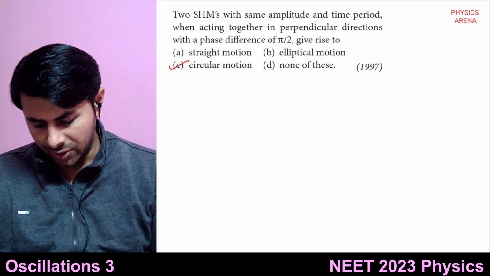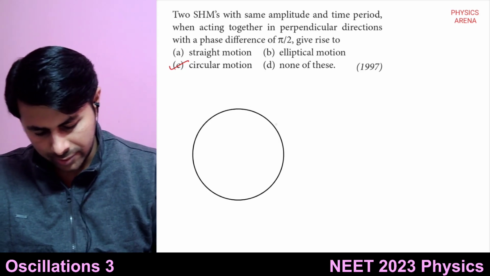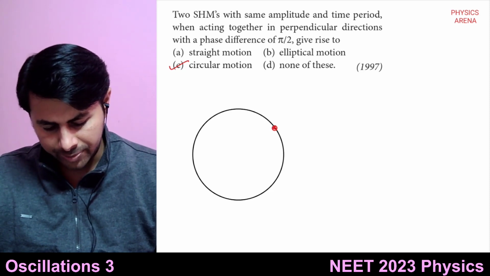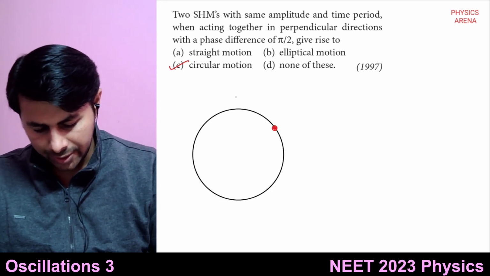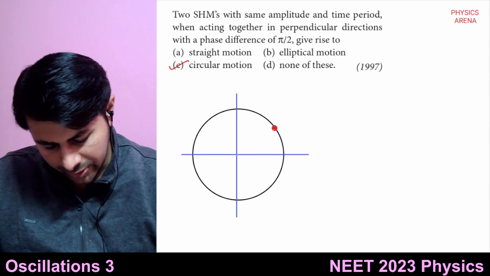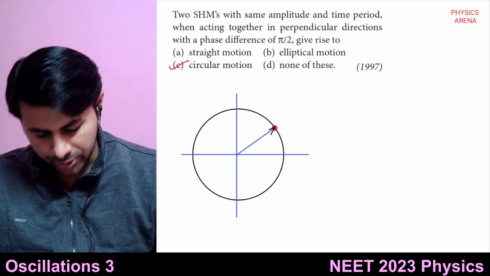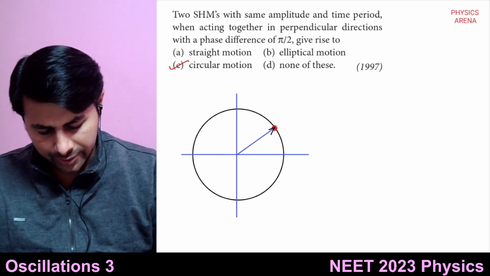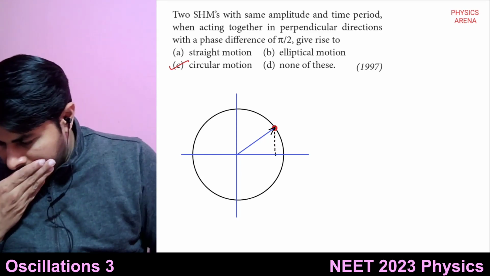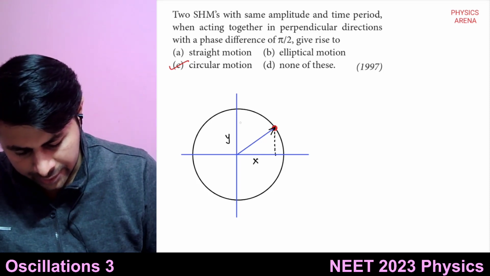If we think of circular motion of an object, and we had discussed this, if we resolve its position vector along two components, this x, this is y.